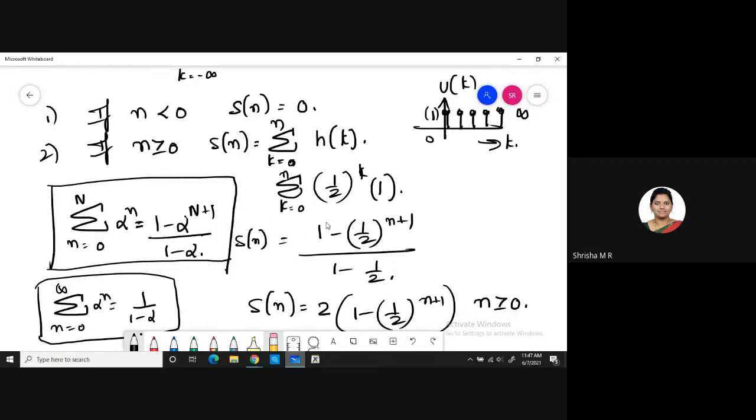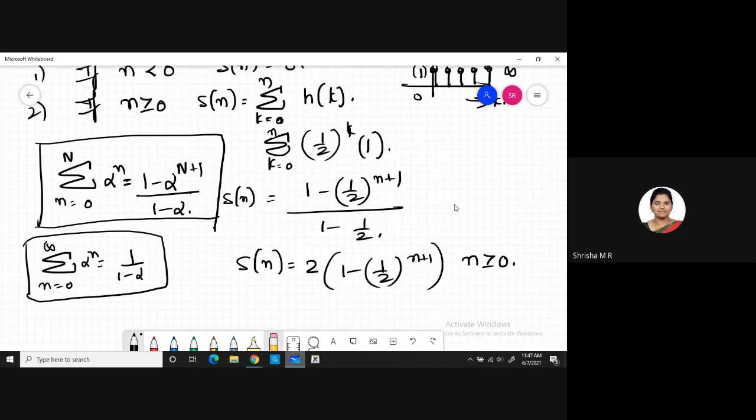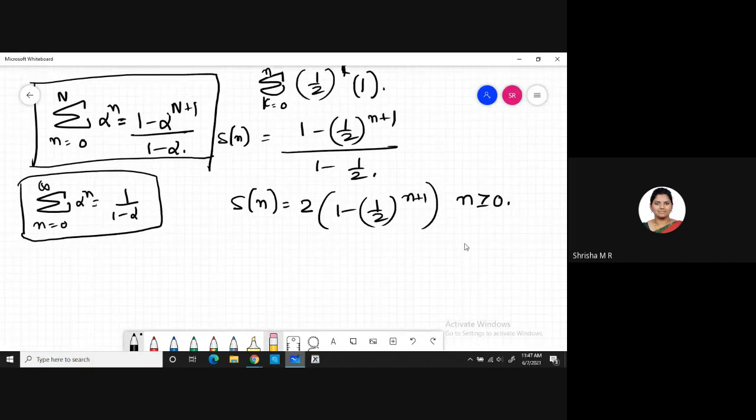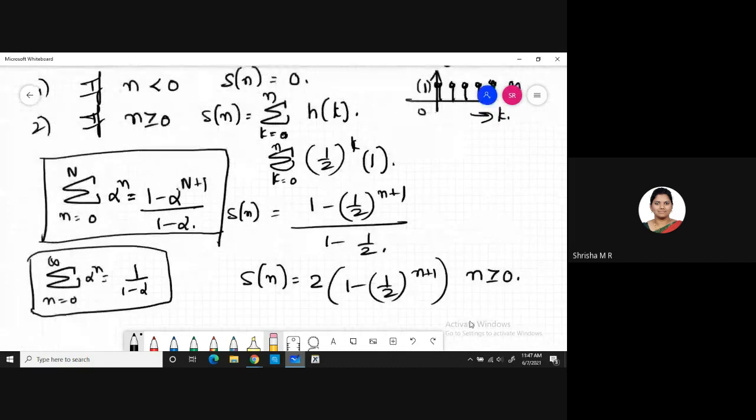So S of n would be, your alpha is half, 1 minus half to the power of n plus 1 by 1 minus half. You can keep it like this only, or you can simplify this denominator and write it like this also. Clear, everyone? Got it? Is it clear?